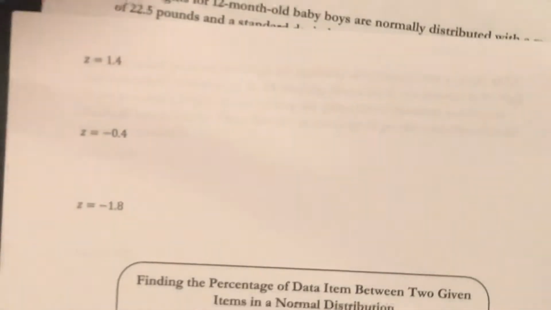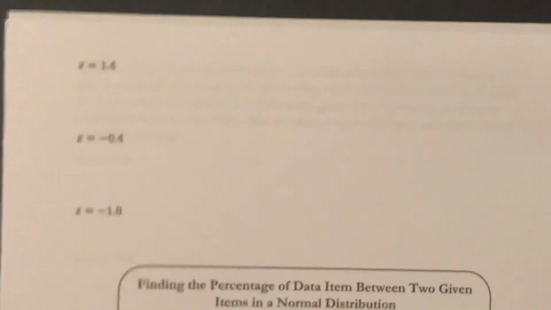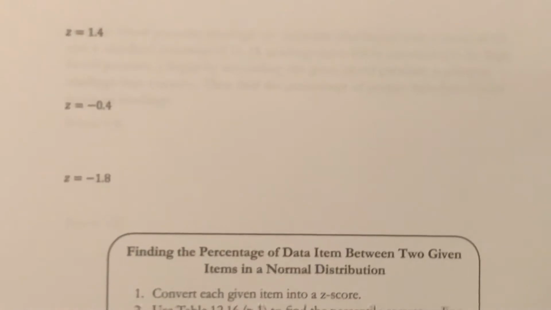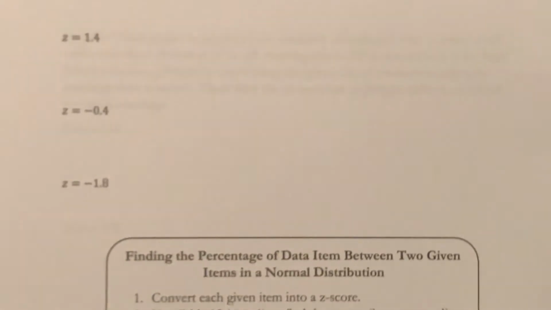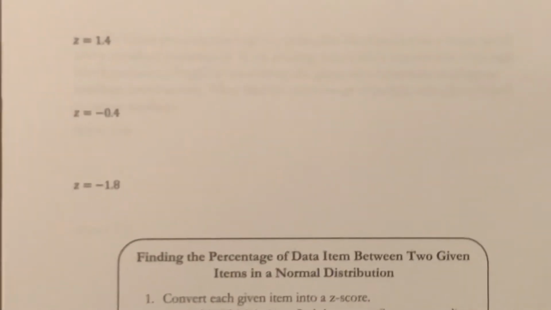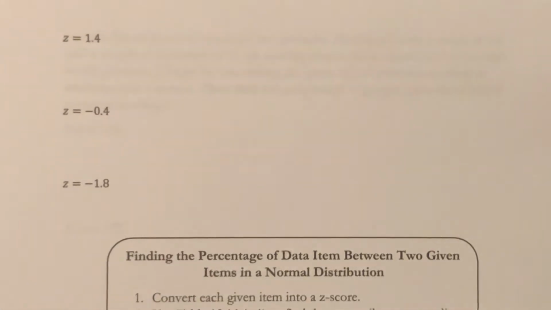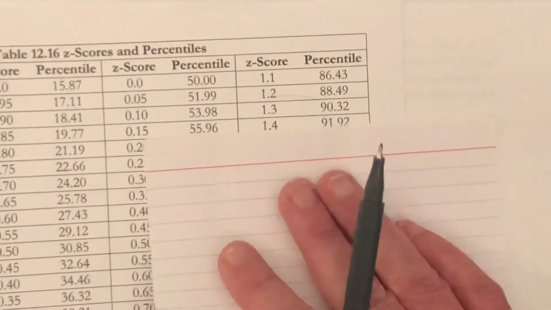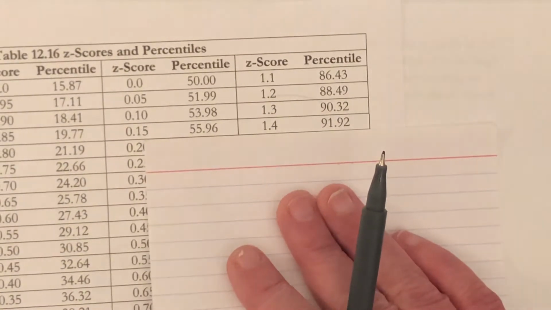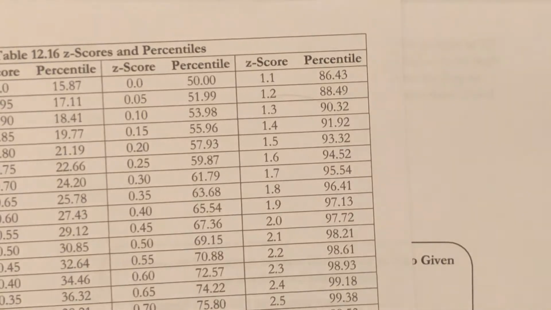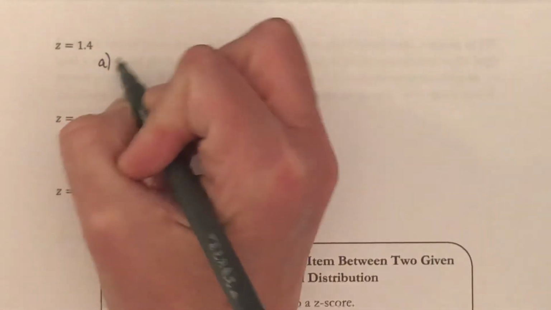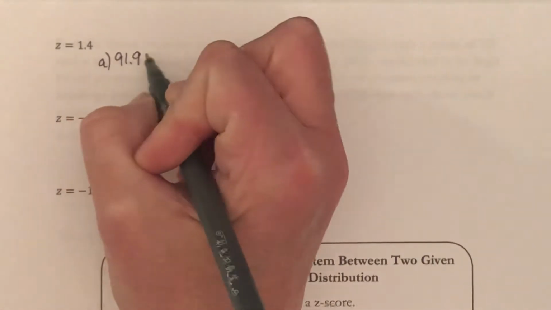All right, so let's look at this. Let's find the percentile for 1.4. And again, try to get this to focus. There we go. All right, for 1.4, I go find 1.4 here, which is 91.92. So part A is 91.92.